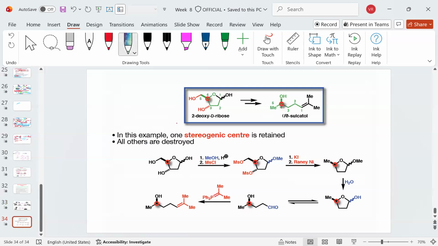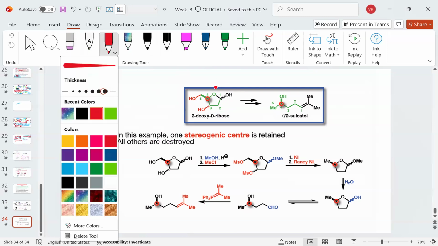The stereogenic center is retained in this example, and all other centers are destroyed. So this is the stereo center we are focusing on. You can see here in this molecule, the one highlighted in red. I don't know whether you are able to see the pointer or not.